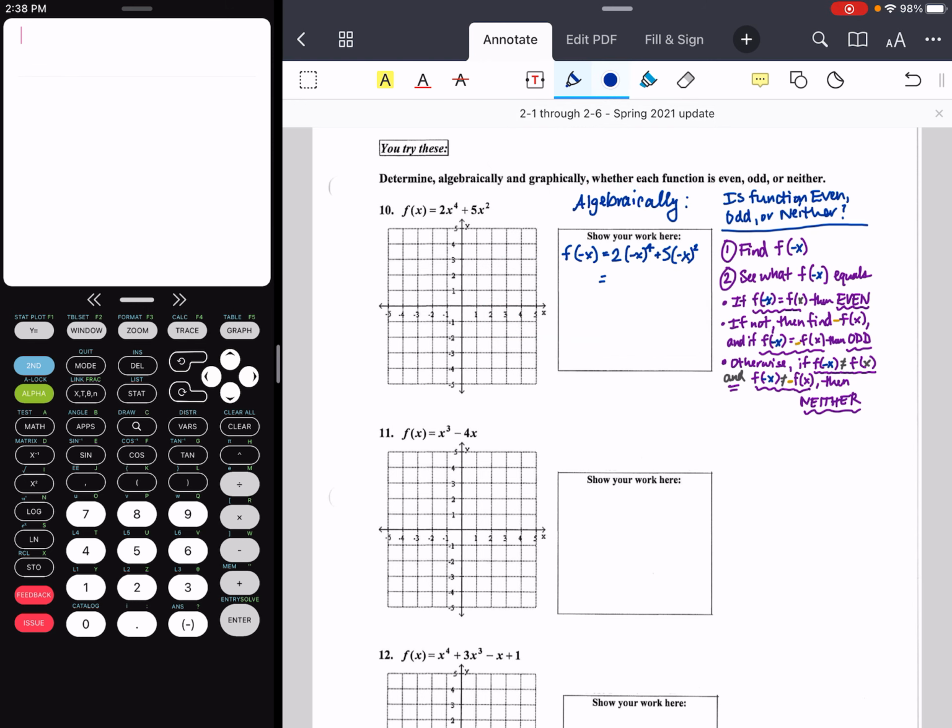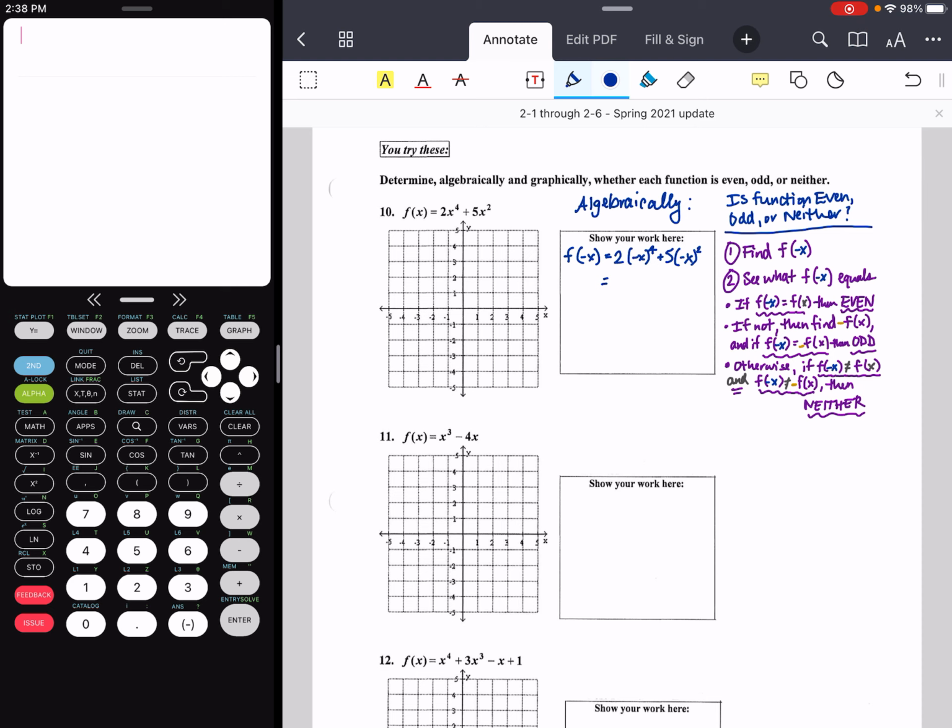So this term will come out to be positive 2x to the fourth. My negative x in parentheses squared will come out positive x squared. So this will simplify to positive 5x squared.